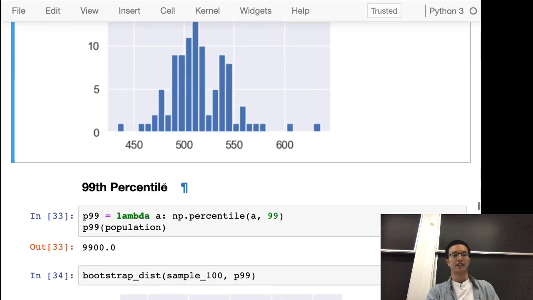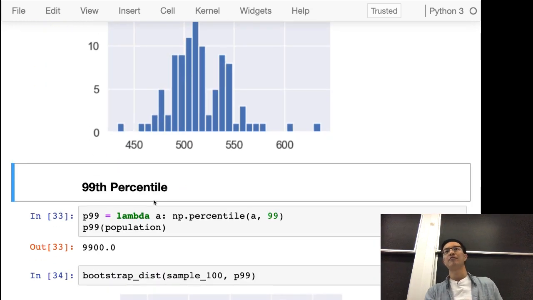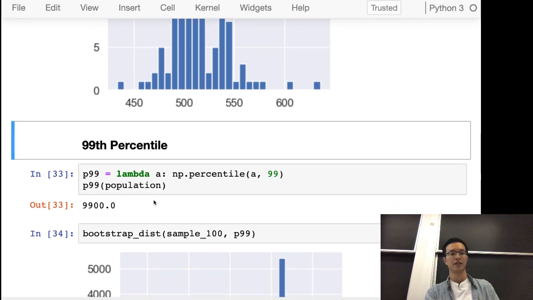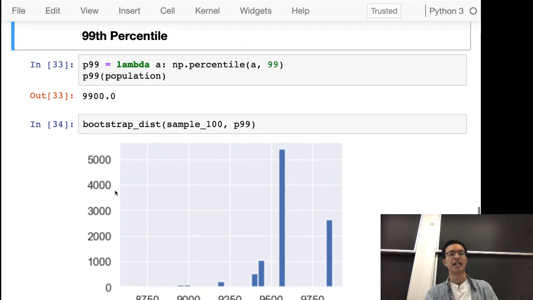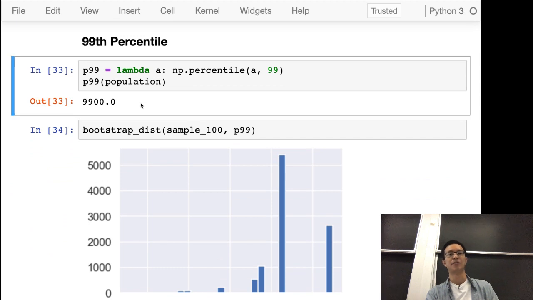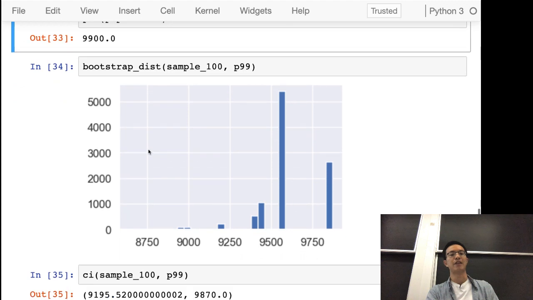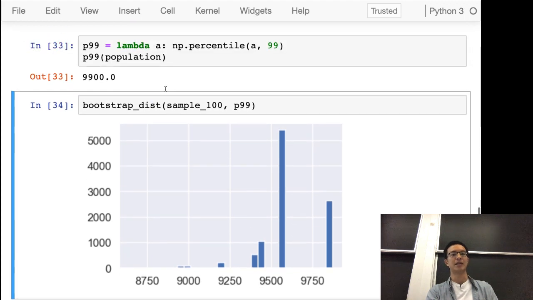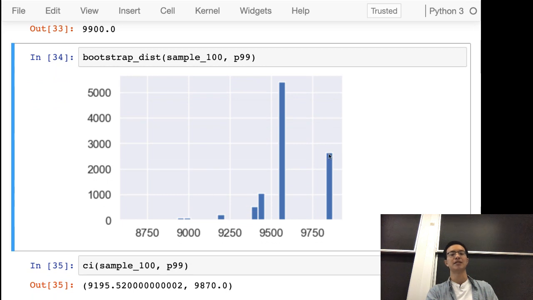Now the bootstrap doesn't do so well when you're estimating skewed parameters with skewed sampling distributions. So here's the 99th percentile of my population, which is 9900. And it turns out that if I bootstrap the sample and look at the distribution of my 99th percentiles, I don't really get what we think of as a normal distribution.